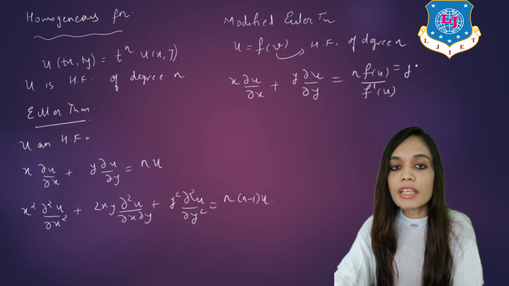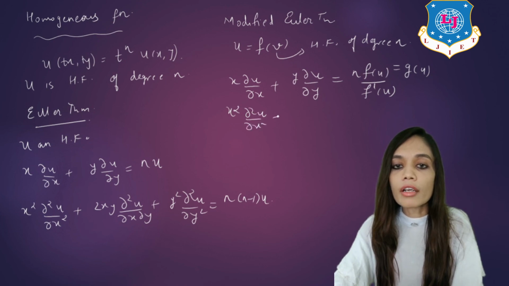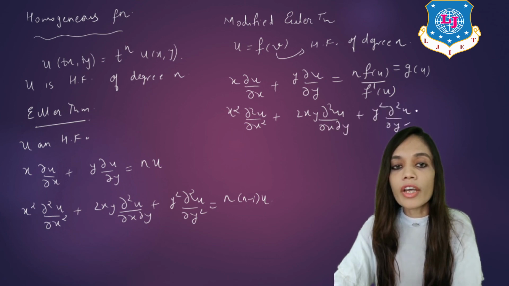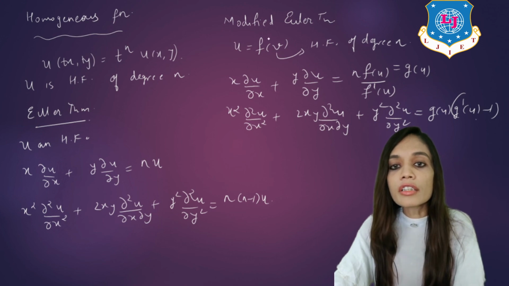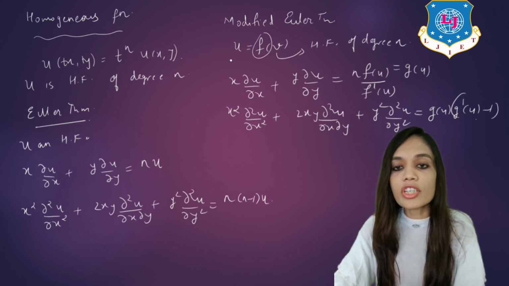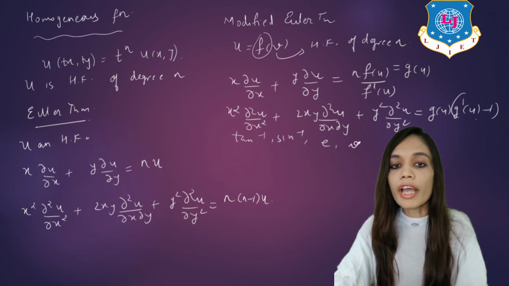We can name this as g of u, and x square del square u upon del x square plus 2xy del square u upon del x del y plus y square del square u upon del y square will be equal to g of u into (g dash u minus 1). In this we will have functions such as tan inverse, sine inverse, cos inverse, e, log, etc.